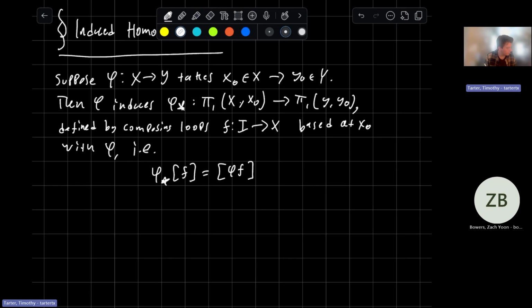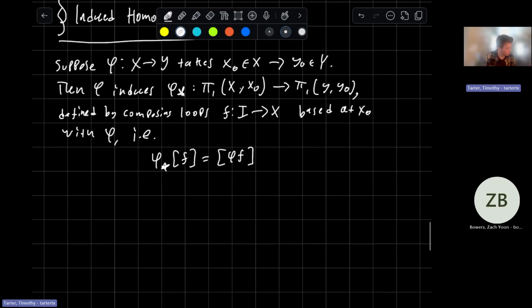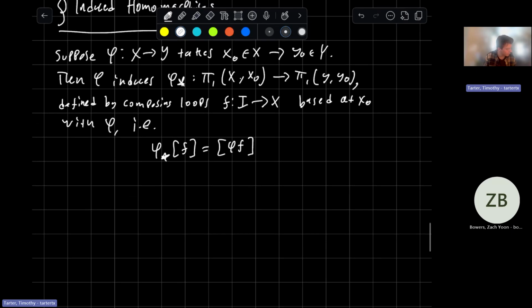And furthermore, we can verify the homomorphism properties.